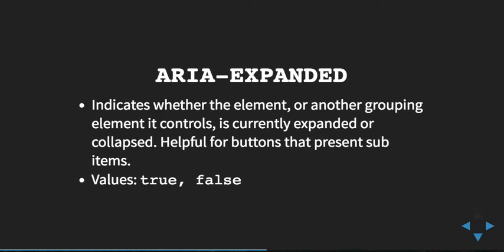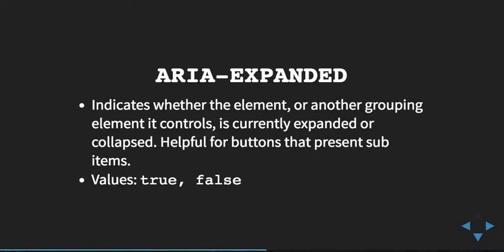All right, ARIA expanded. This is actually probably one I see second most. Role is the one I see the most. It indicates whether the element or the groupings are open or closed, expanded or collapsed. It takes on a Boolean, so true or false. And this one is typically triggered by JavaScript, and the JavaScript will set the attribute to different values.